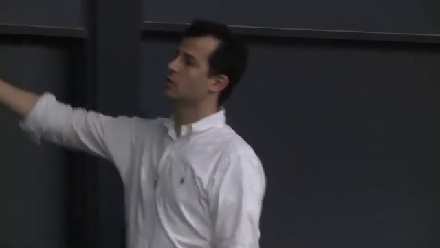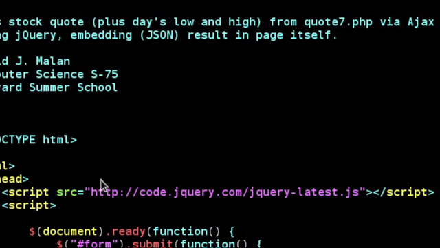So in the end, this example does the exact same thing, and the only thing you have to do in order to have access to this kind of syntax and functionality is including a URL like this one to get the latest version, in this case, of jQuery.